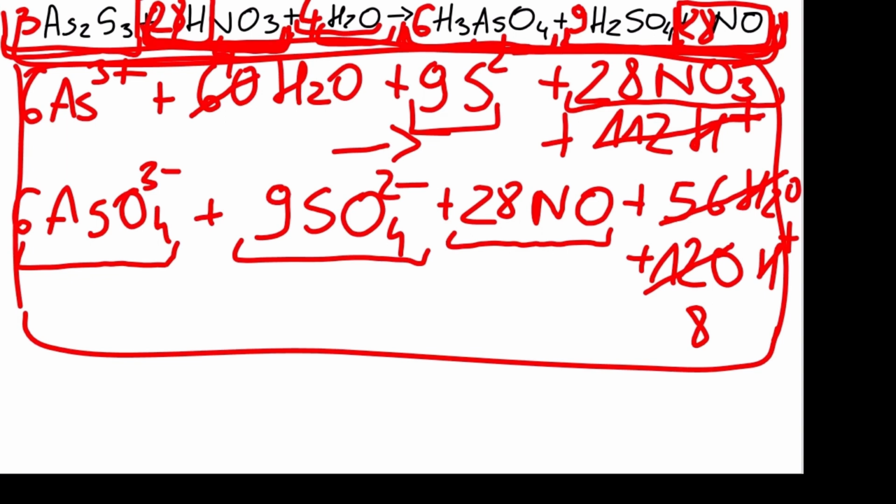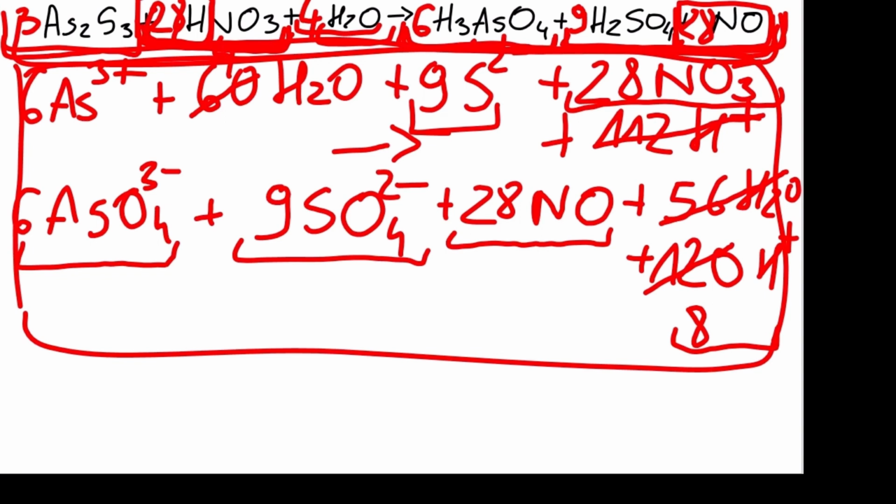Yes, the dissociation constant of the water particle is very low in this case. So we have 28 hydrogen cations on the left side. So on the right side we have 8 hydrogen cations more. So we need to have 28 plus 8 give us 36.